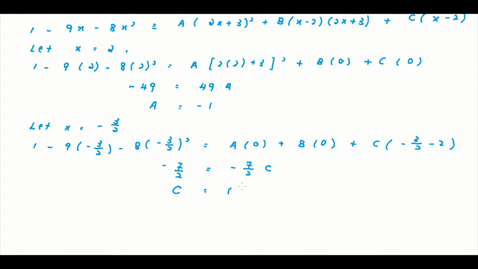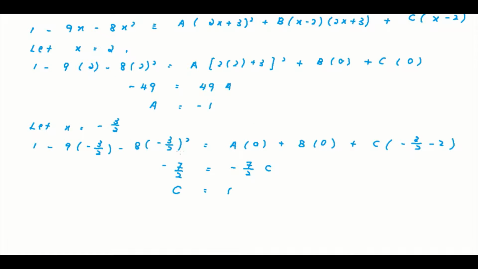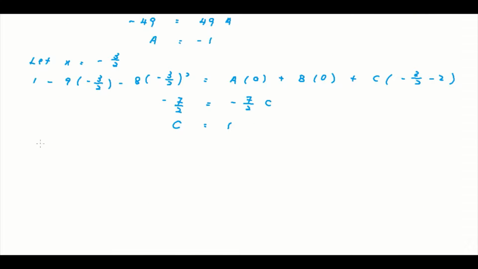All right, so from this question, you can see that B, A and C do not have the common factor, right? That means you might need to substitute something. Put in your A and C so that you can get your B. So let's do the easiest calculation, which is to let our x become 0. Okay, so substitute 0 into the whole equation.